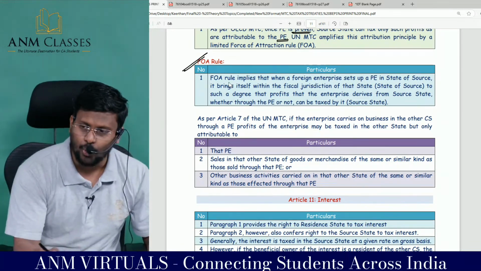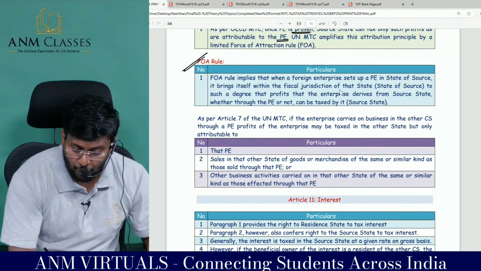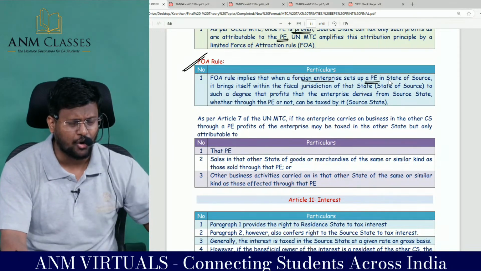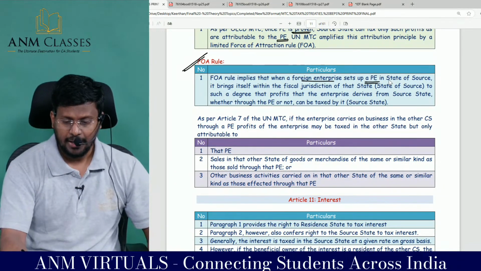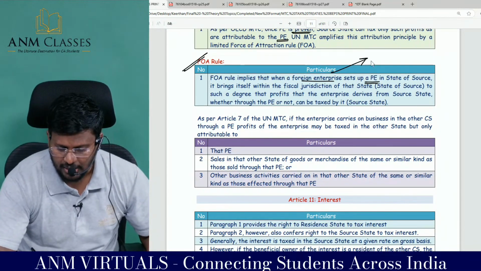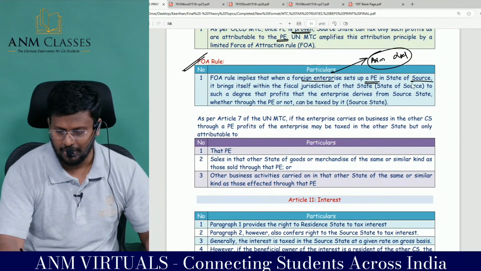So the FOA rule, what is FOA? It implies that when a foreign enterprise sets up a PE in the state of source, who is the foreign enterprise as per our example? ANM Incorporation. They set up a branch in India called ANM Limited. So India is a source country, right?